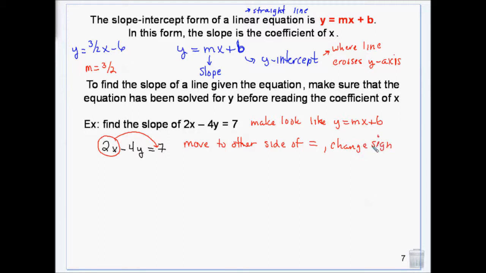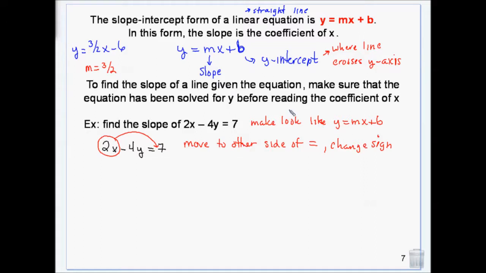Anytime you pick something up and move it from one side of the equal to the other side, you change its sign. So if it's positive, you make it negative. If it's negative, you make it positive. It's the same thing as saying I subtract it from both sides or I add it to both sides. And that's perfectly legal to do. You can pick things up and move them to the other side. You just have to change their sign.